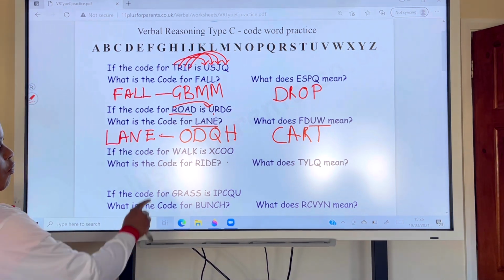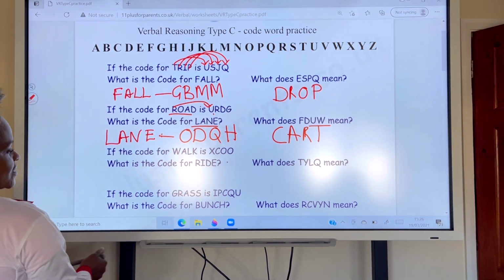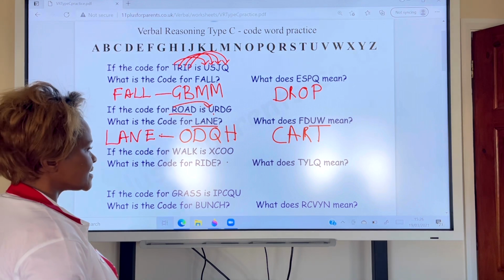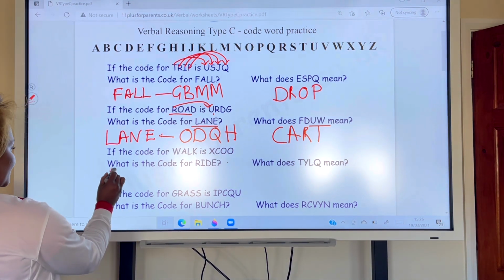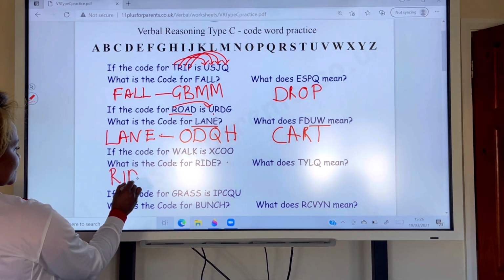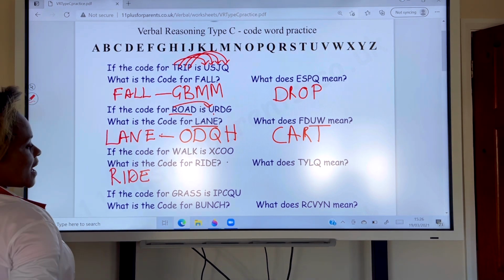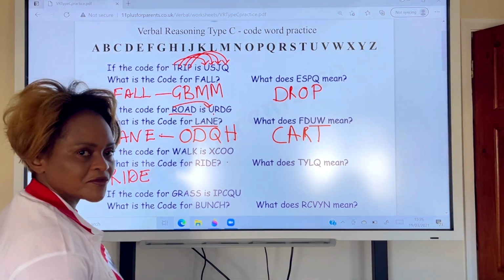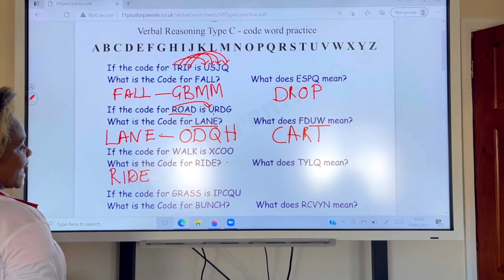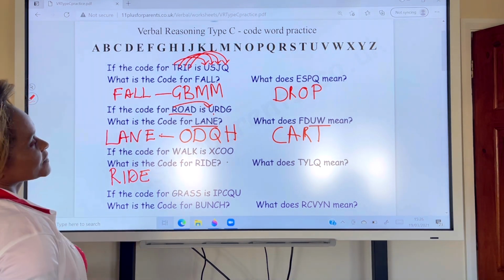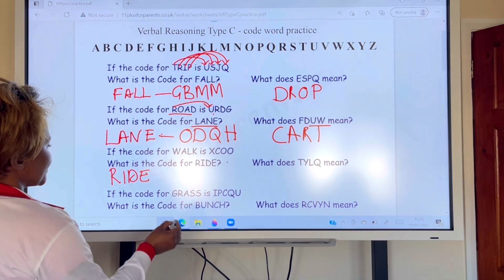If the code for walk is that one, we need to find the code for ride. I will decode to find the word when I'm given the code. So W to X is 1 forward.